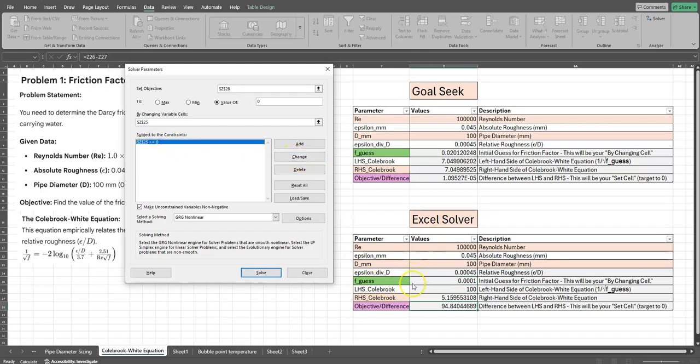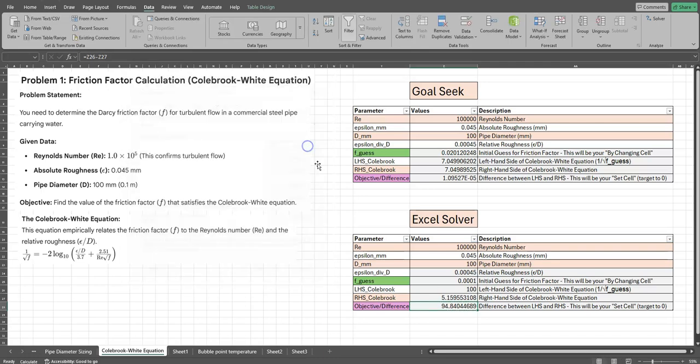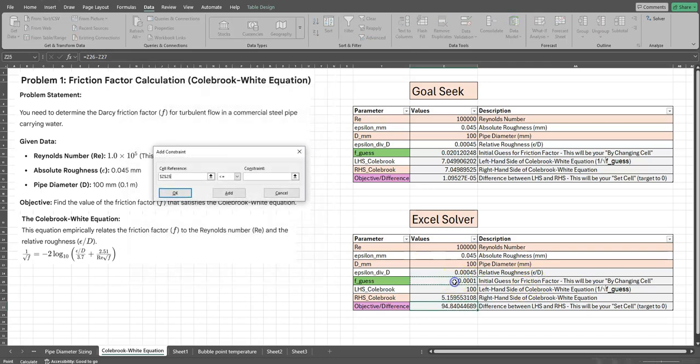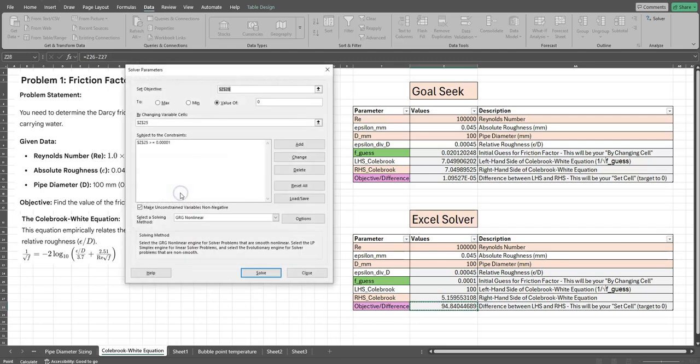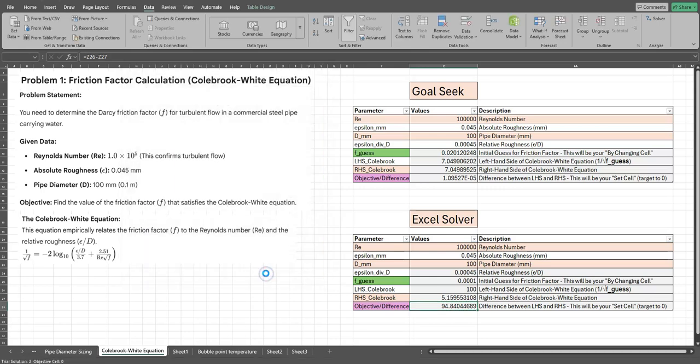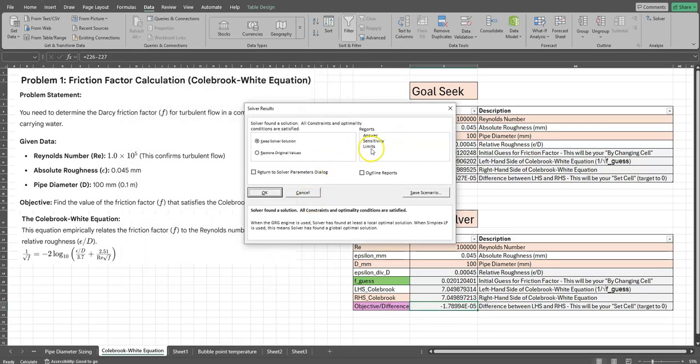I can put F greater than or equal to something, a small value. I'm using the GRG Nonlinear solver. Now if I solve, I hope I'll get a solution.